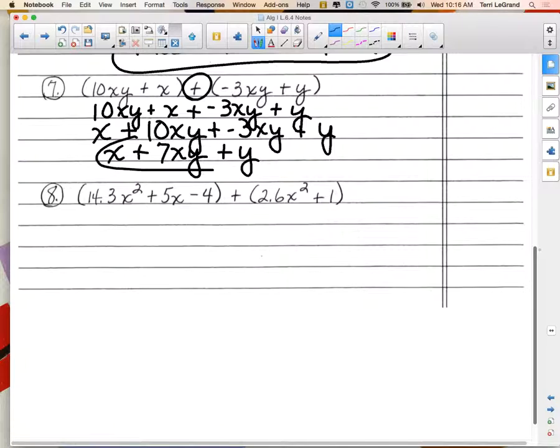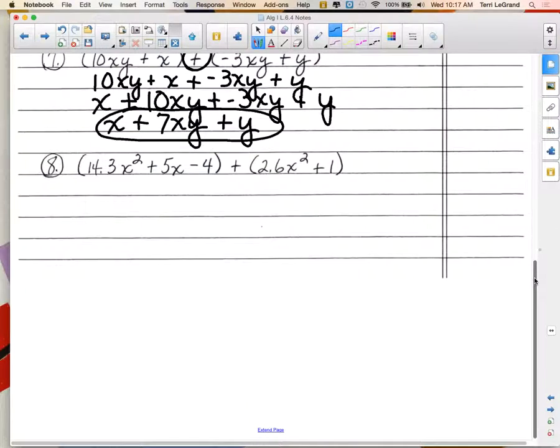So there's our final answer, our sum. And we can't say it's in standard form. All we can say is this is most likely how it would show up in an answer bank. Not always, but we're going to try really hard to get used to what we think it would look like in there. Okay. And last but not least, again, addition.